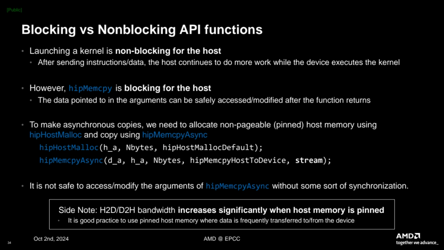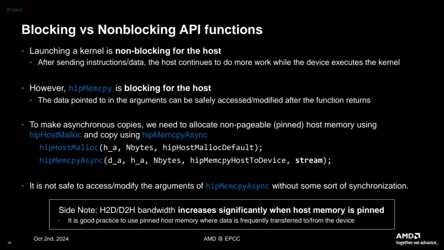Non-blocking means that the host is gonna call that function and then just move on with new activity. So launching a kernel is non-blocking for the host, meaning that after the host has launched the kernel, it's gonna continue with what's next on the to-do list. However, memory copies such as heap mem copy are blocking for the host. So until the mem copy has finished, the host is not going to do anything.